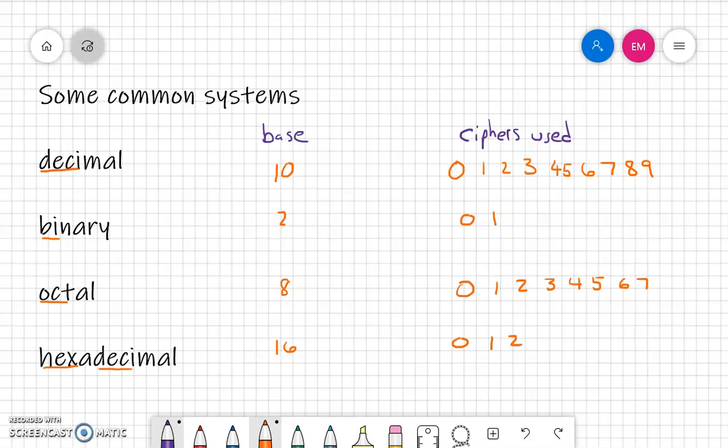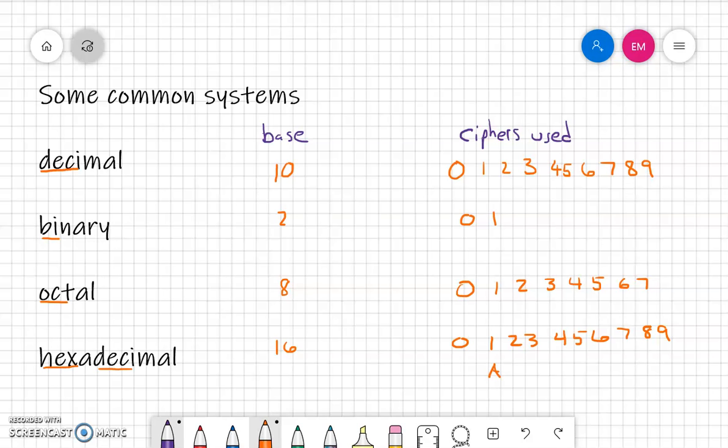0, 1, 2, 3, 4, 5, 6, 7, 8, 9. Now you'll notice those are 10 different ciphers, but this is a hexadecimal system. It has a base of 16. We are allowed to use 16 ciphers in this system. The problem is we've run out of the familiar digits that we use. So in a hexadecimal system, we continue to use the next logical thing, and that's letters.